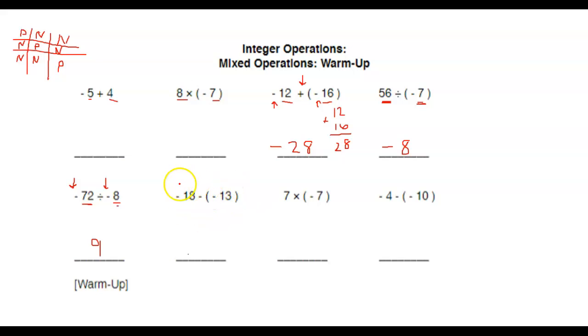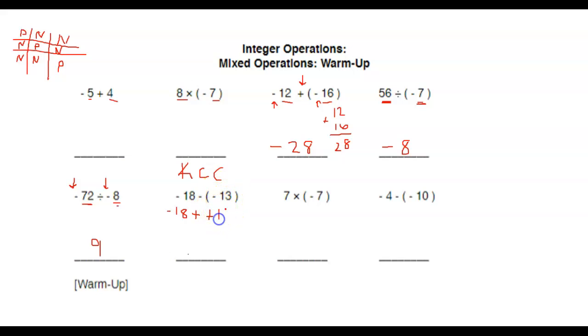Down here, we got to be careful. We're subtracting here. So when we subtract, remember we do the keep, change method. We keep the first number the same, so this is going to be negative 18. I'm going to change the sign to addition, and I'm going to change the number sign as well.